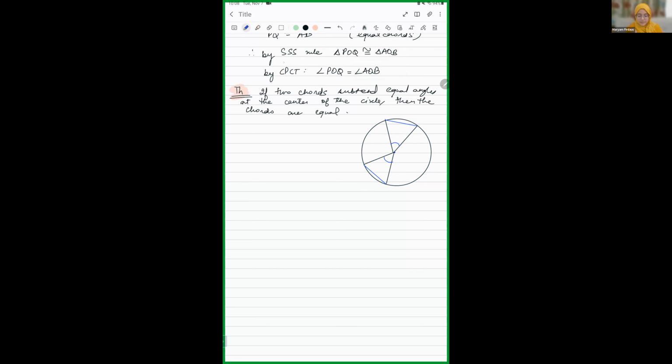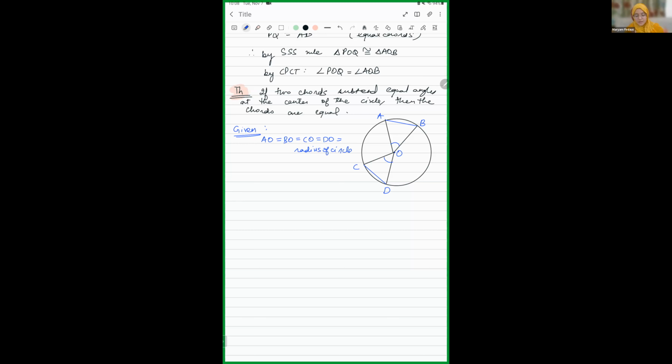So what else is given? Let's write it. Let's call these A, B, C, D. Given is that, first of all, AO is equal to BO is equal to CO is equal to DO is equal to the radius of the circle.